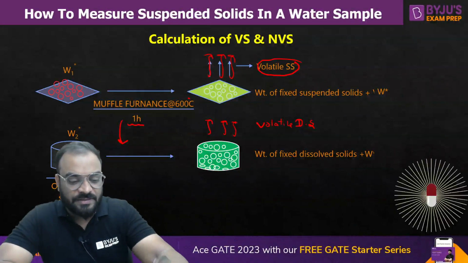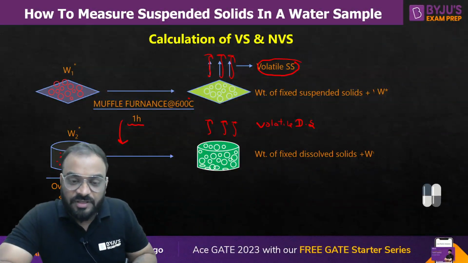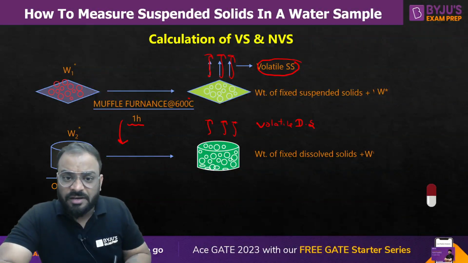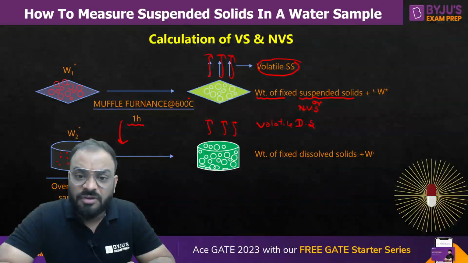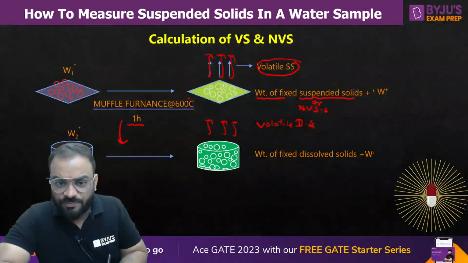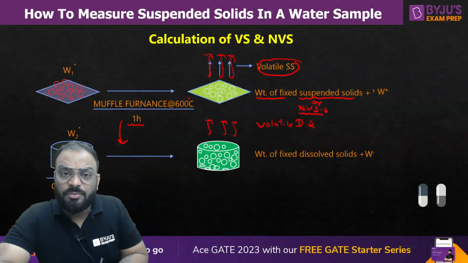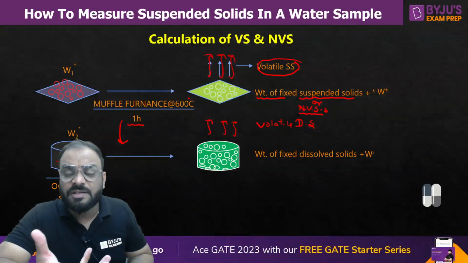So what is the remaining fraction present in the crucible and the filter, that you need to understand. You can see here in this glass fiber filter, it will contain only one part, which is the weight of fixed suspended solid, or non-volatile suspended solid. It will be a much better word, right? Plus W star. Why? Because we know that the weight of the filter is W star.